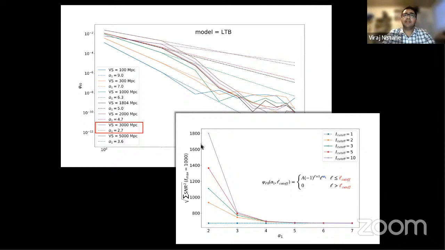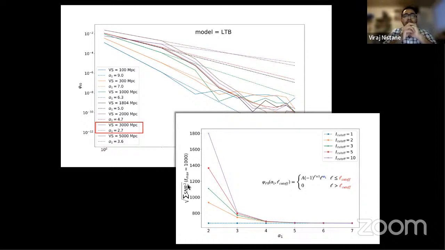So let's go step by step. First of all, on the y-axis, we have the signal to noise for a particular L max value chosen. This is the cumulative signal to noise, by the way.